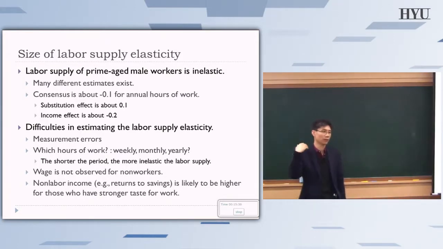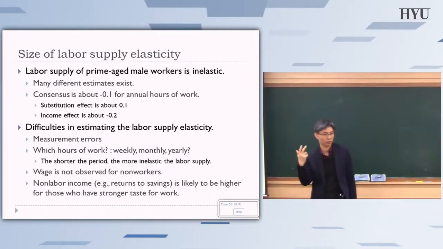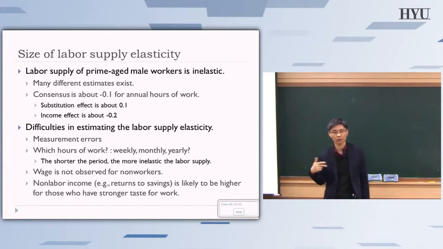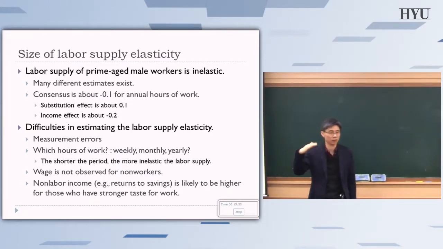So if you're interested in how people respond to wage change, then what we need to do is to somehow control for their non-labor income. If, for example, wage changes and at the same time non-labor income changes, then we cannot have an accurate way of knowing the labor supply elasticity with respect to wage. Somehow the wage should change independently of non-labor income. Then we can get the accurate information.